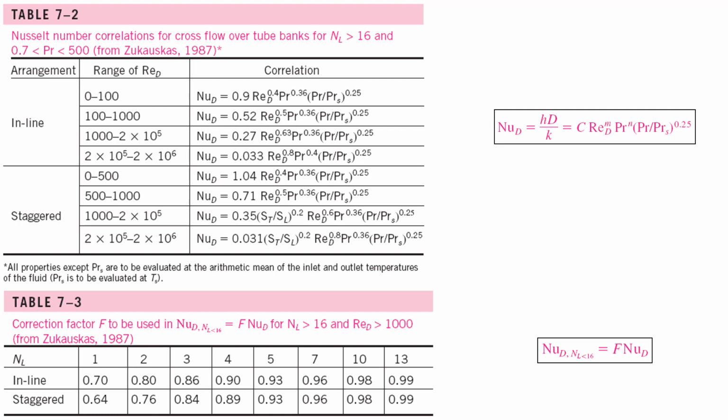This is basically the summary of how we calculate the Nusselt number from the Zukauskas equation. Table 7.2 is for the number of tube rows N_L of 16 and above, whereas for 7.3, we should add the correction factor to the Zukauskas equation, as put out here, Nu equals F times Nu, for the cases where the number of rows is less than 16.